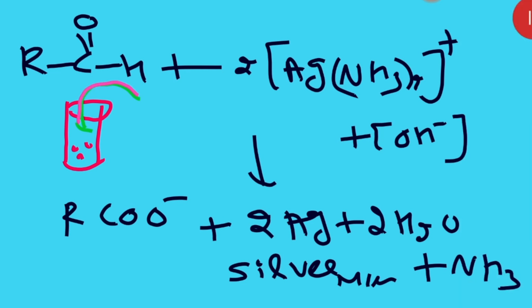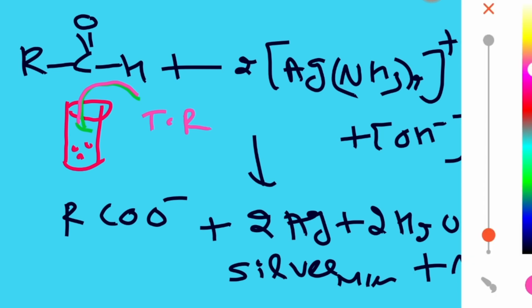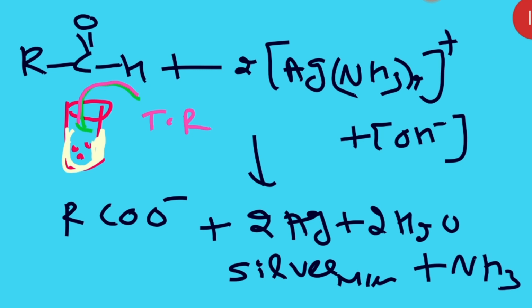After adding the Tollens reagent, silver color is deposited on the walls of the test tube like this, which is called the silver mirror test. By this we can ensure there is a presence of aldehyde.